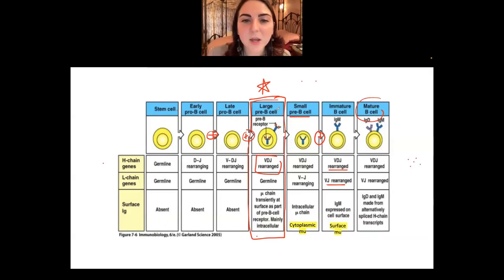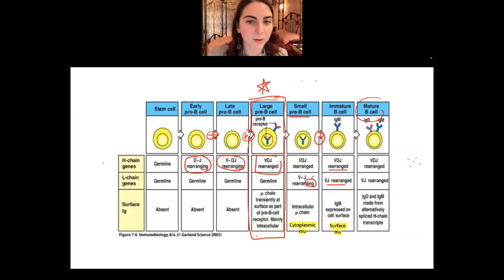Yeah, so anytime you see rearrangement, you need RAG. That's like the best way to explain it. It's a gene and it codes for an enzyme. They're called RAG enzymes, RAG1 and RAG2. So if I want to go through any of these rearrangements, heavy chain, light chain, any single time you see rearranging on this chart, RAG is going to be turned on.